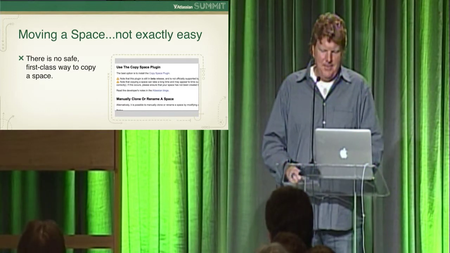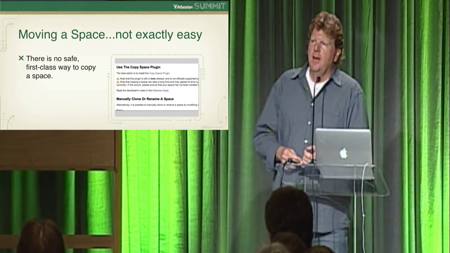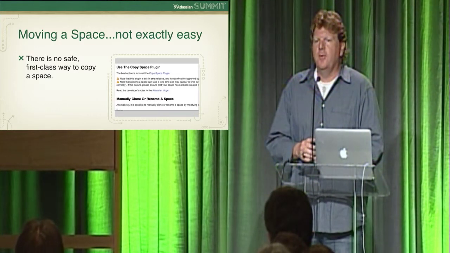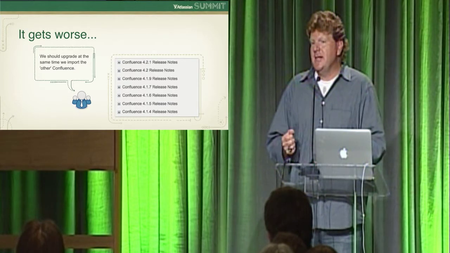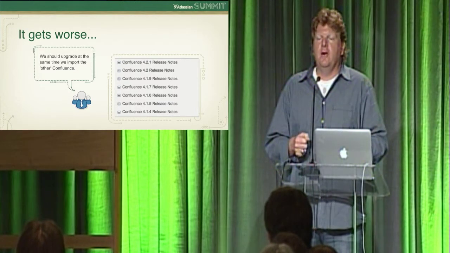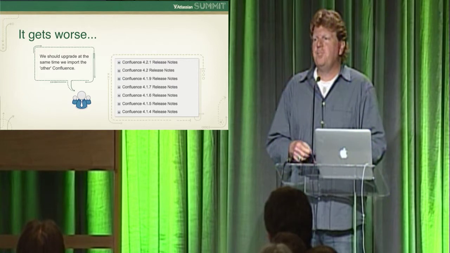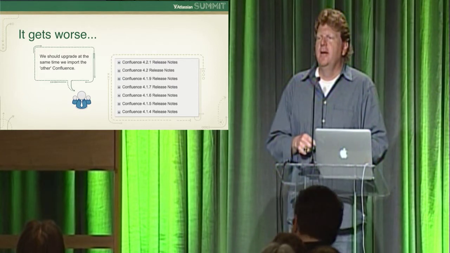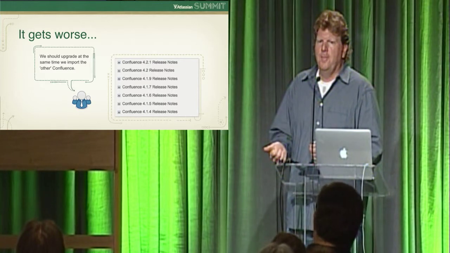But it didn't stop there. At the same time, since I was going to have to schedule some downtime for our production Confluence, it made sense to work on the upgrade of our Confluence version. We were running a version before 3.5, and we wanted to move up to a version 4.